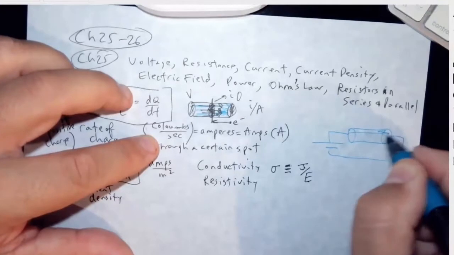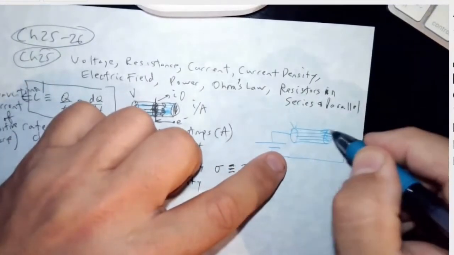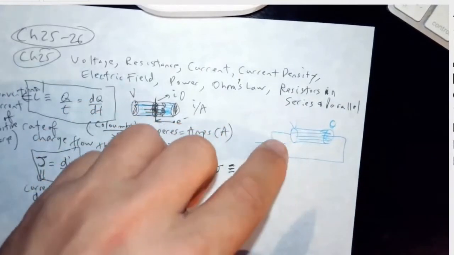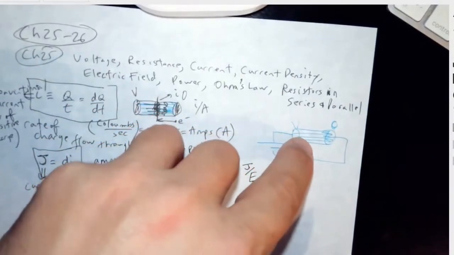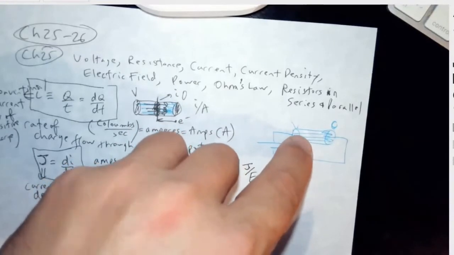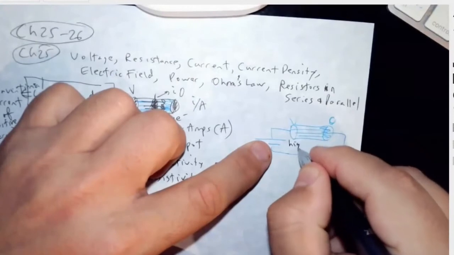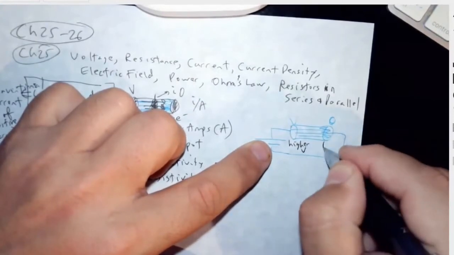The battery sets up an electric field, and then that electric field causes a voltage difference to occur in the wire, right? And then the current will flow this way from a higher voltage to a lower voltage.